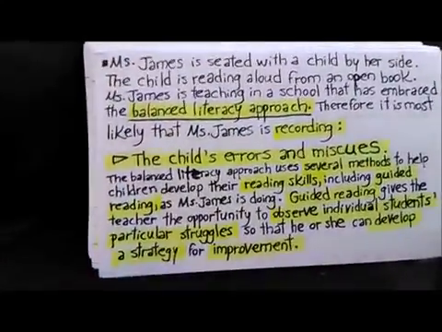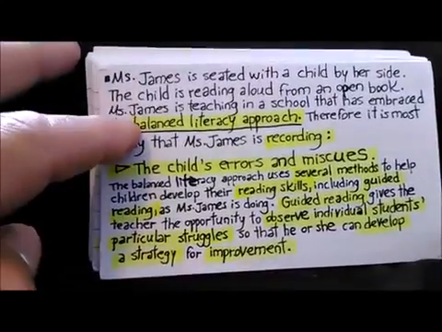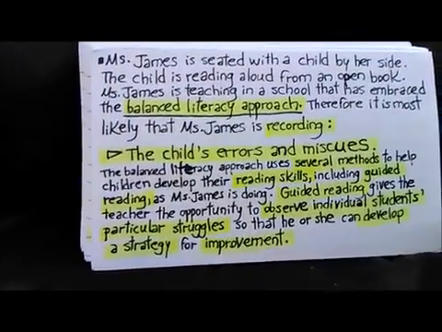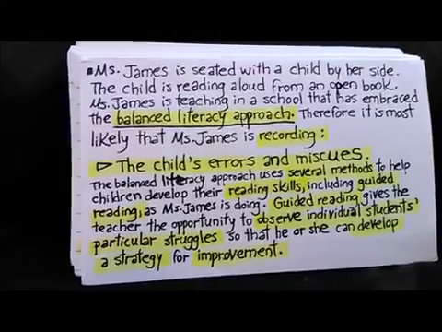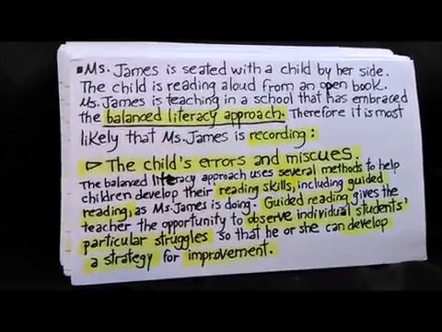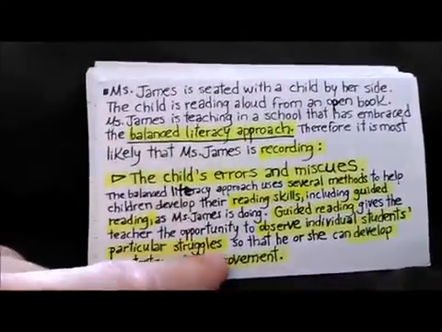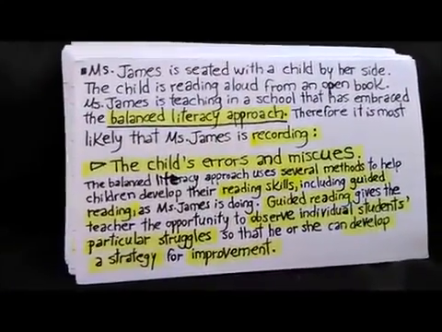The balanced literacy approach uses several methods to help children develop their reading skills, including guided reading, as Miss James is doing right here. Guided reading gives the teacher the opportunity to observe individual students' particular struggles so that he or she can develop a strategy for improvement.